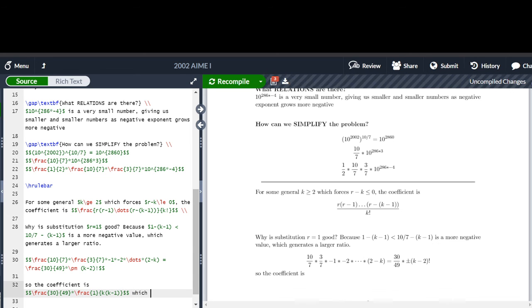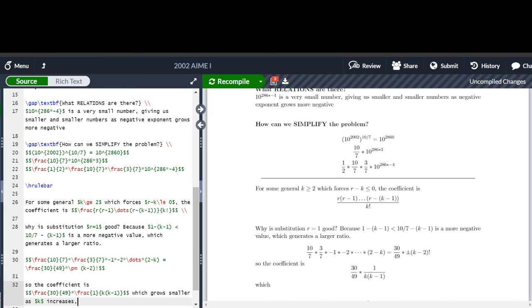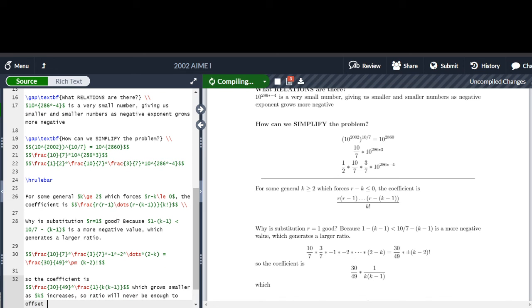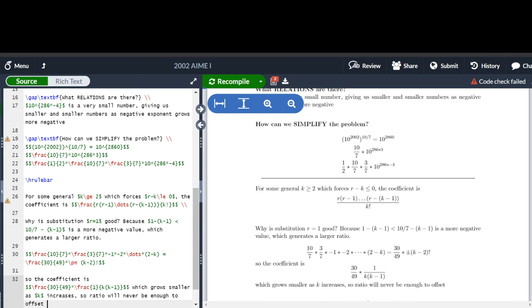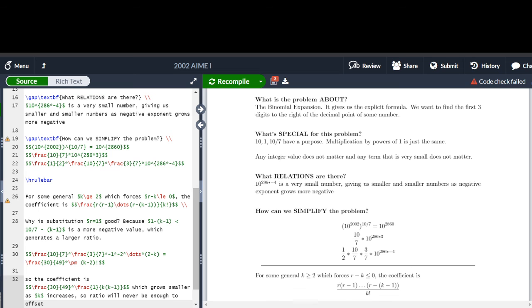And this grows smaller as k increases. So the ratio will never be enough. And this means we can practically ignore all terms beginning with the third one.